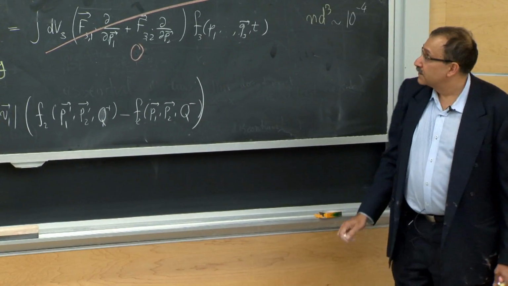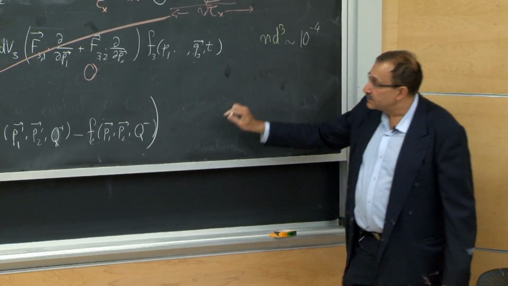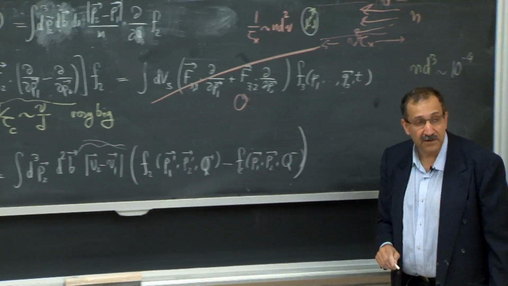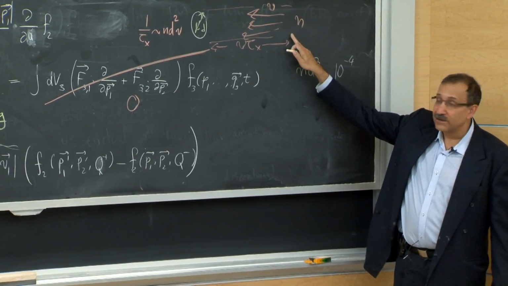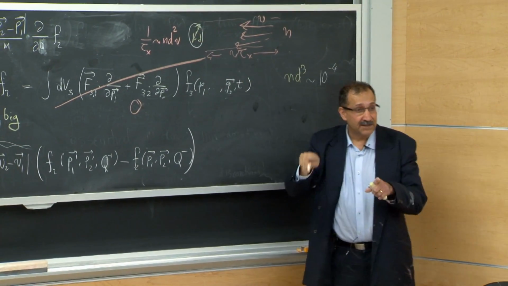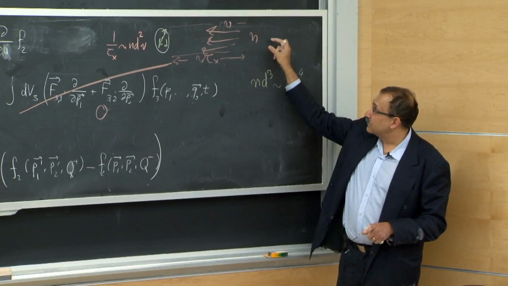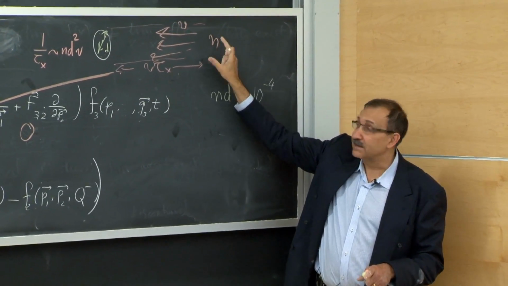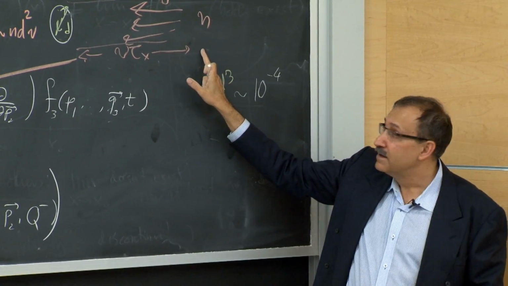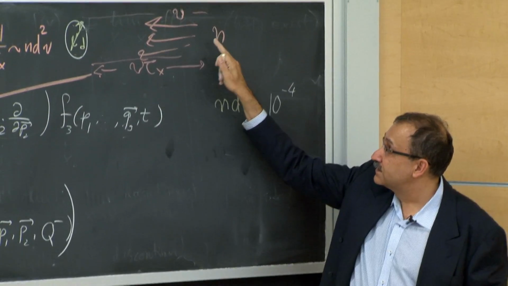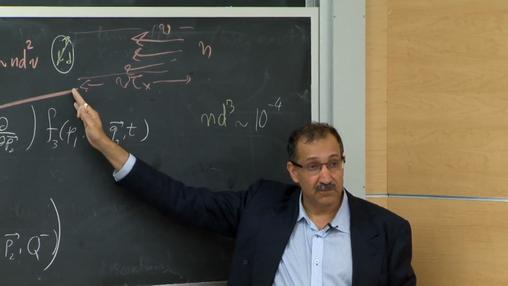OK? Now, there is this additional factor. What does this additional factor come from? It's the same factor that we have over here. That is, if we have a target of size d squared, and we have a set of bullets whose density is n, the number of collisions that I get depends both on density and how fast these things go.